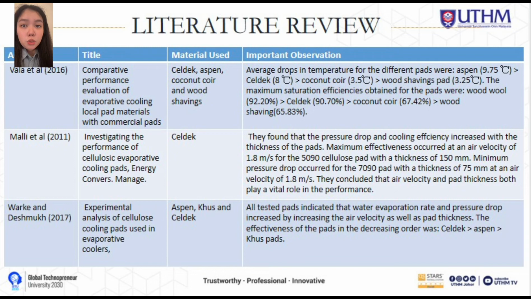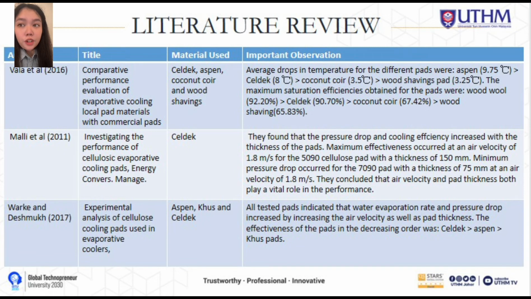The minimum pressure drop occurs for the 7090 pad with a thickness of 75 mm at an air velocity of 1.8. So they conclude that the air velocity and pad thickness both play a vital role in the performance.